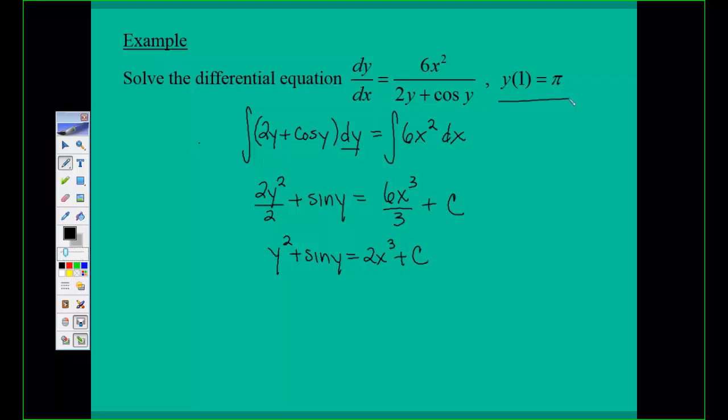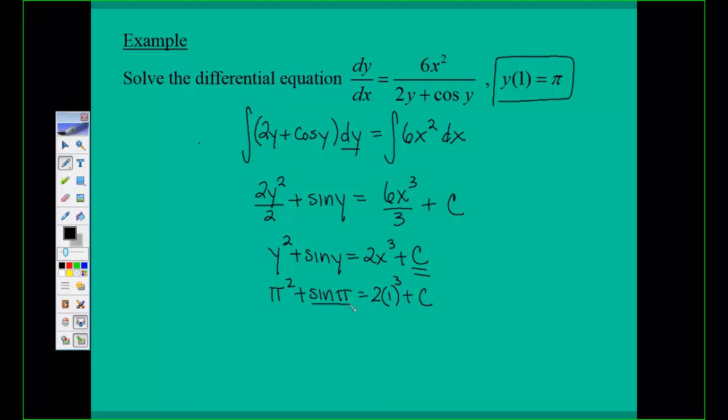We are given an initial condition, so we can solve for our constant c. The initial condition indicates when x is 1, y equals pi. So let's plug in pi for all of the y's, and we're plugging in 1 for all of the x's, and now we can solve for c.